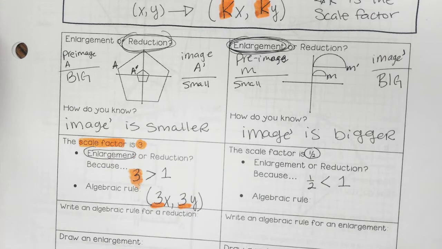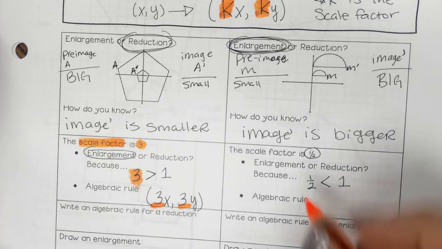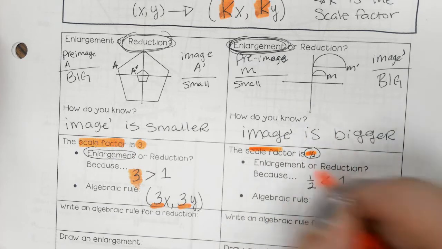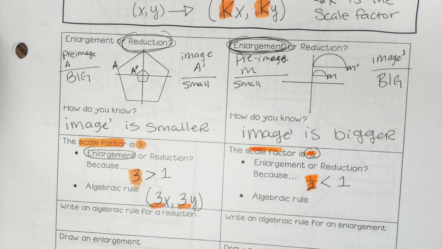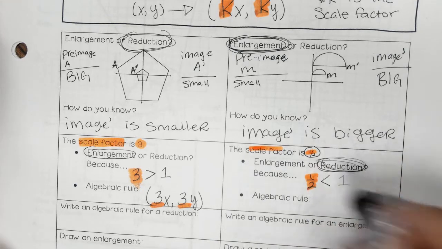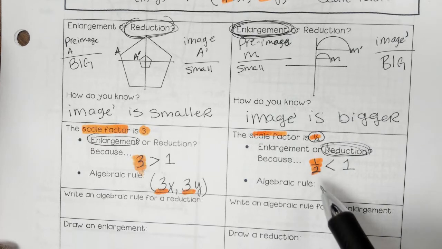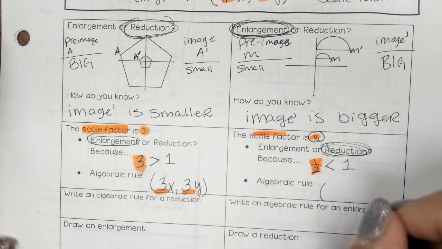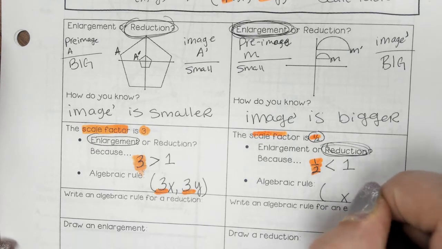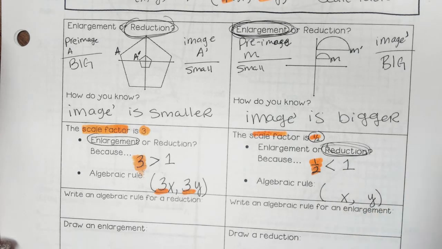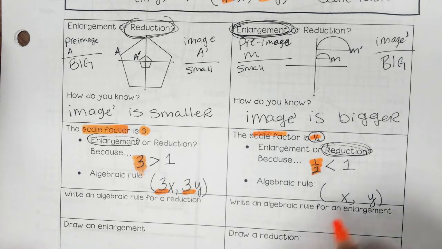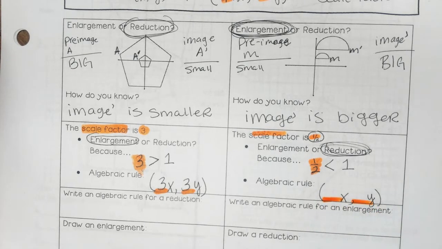And 0.5 is less than 1. Now, since my scale factor, 1/2, is less than 1, this has to be a reduction. The algebraic rule is going to be your normal ordered pair, (x, y), but you'll multiply each x and y by the scale factor, 1/2.